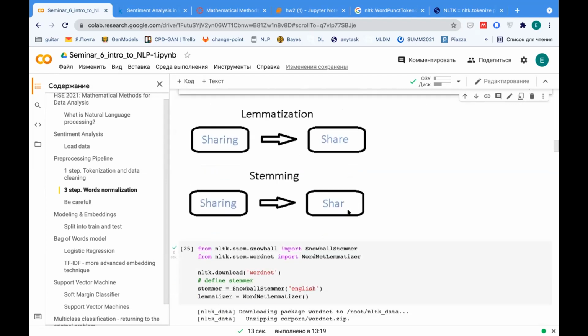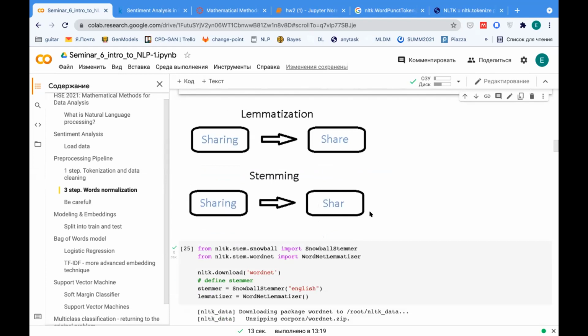But actually, it's probably not very important in a lot of tasks, since we transform all the words to these small versions.